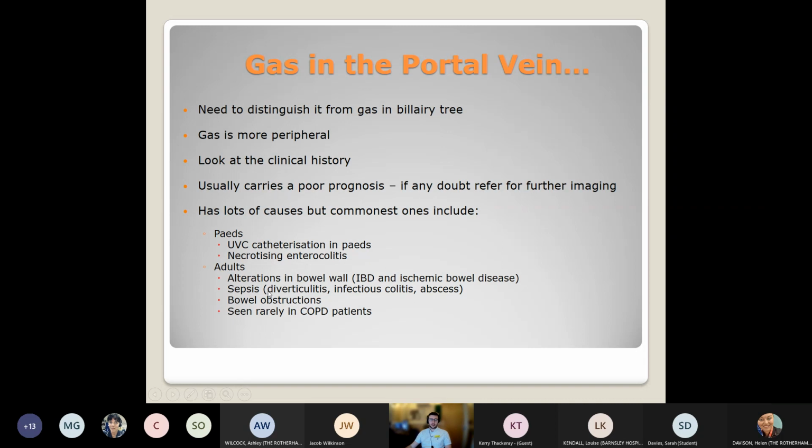In adults, often associated with things like sepsis, occasionally bowel obstructions, and very, very rarely in patients with COPD. Very occasionally in those patients, because the lungs are having to work so hard, you can get air leaking out into the vascular system and it ends up in the portal vein. But these are like case report type rarity of cases.